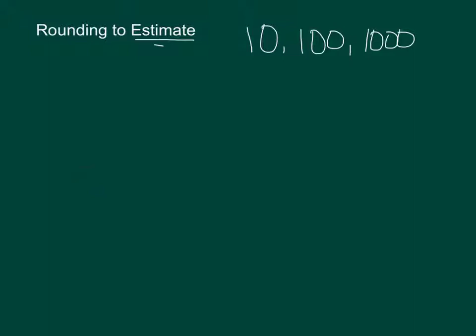Alright, let's see. Let's try the number 13. Draw our number line. Now, what two multiples of 10 does 13 fall between? Somewhere in between 10 and 20. So somewhere between these two multiples of 10 lies the number 13.